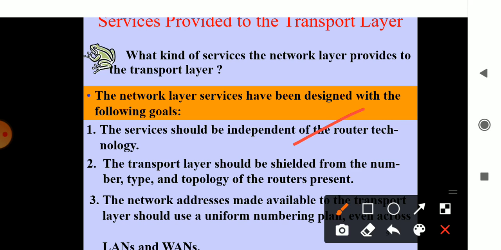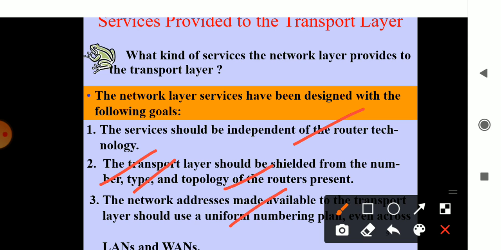Whenever the data is passed, it has to have the sequence number. It should be mentioned what kind of data it is and what topology is being used in the network layer when it is passed to the transport layer. It should also have the network addresses. It follows different kinds of addressing techniques, classes A, B, C, D, E, and uniform addressing is provided.